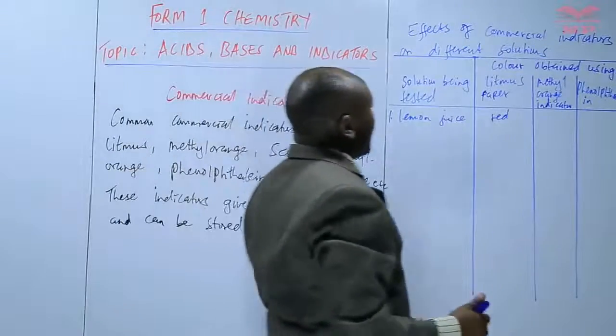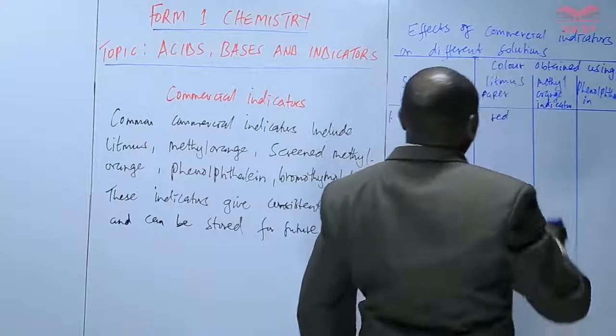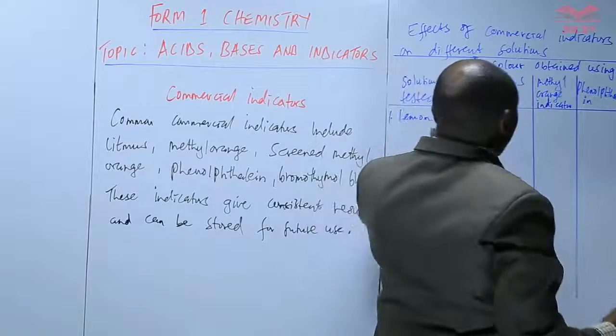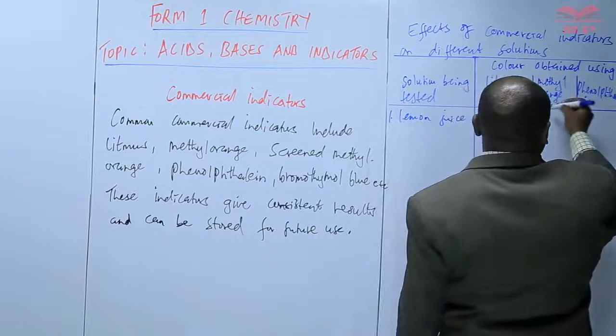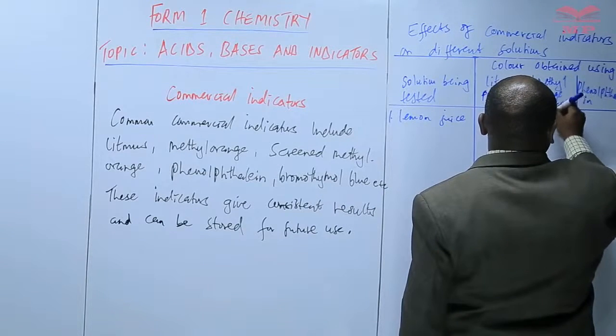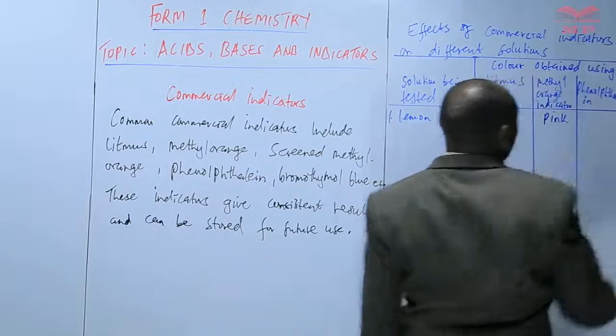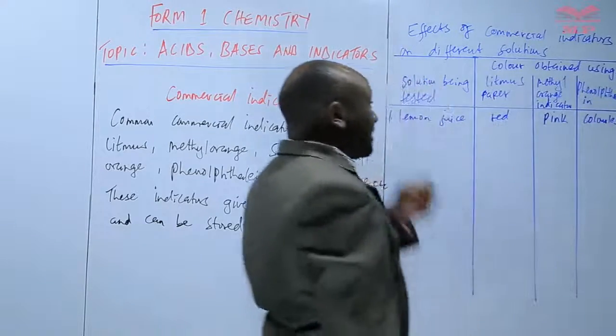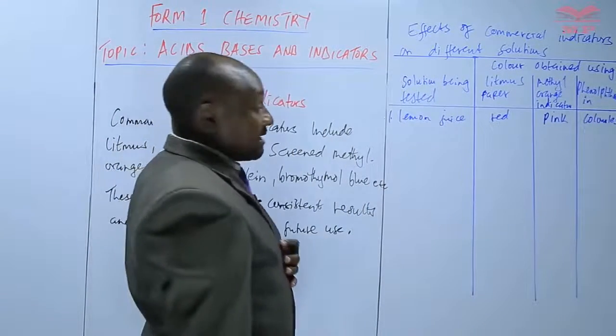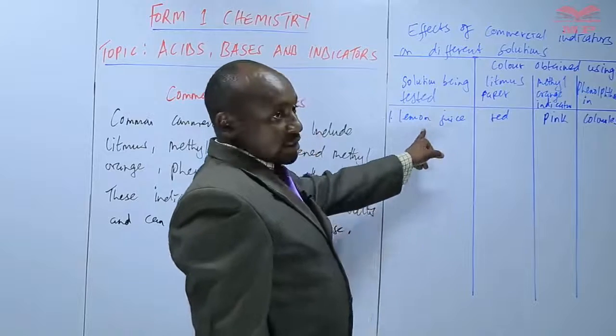So when using litmus paper, the color obtained is red with lemon juice. When you use methyl orange, the color here is pink. When you use phenolphthalein, it's colorless. So you can see that different indicators give us different colors with the same solution.